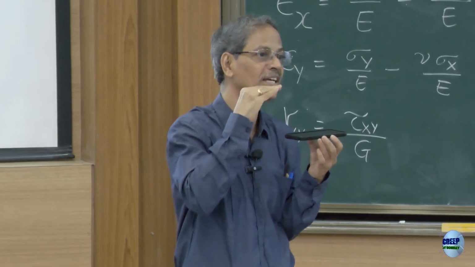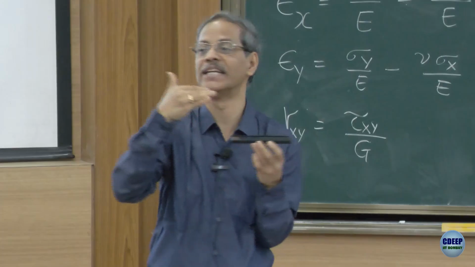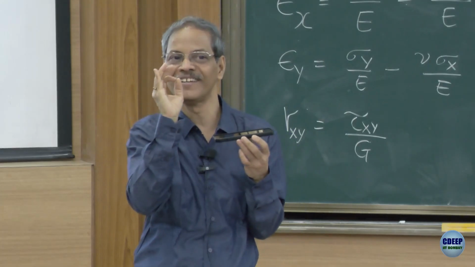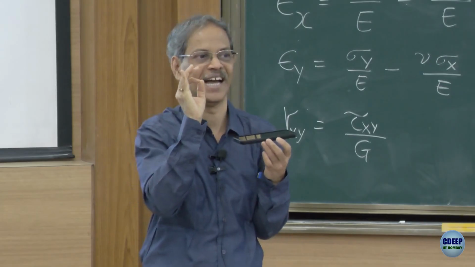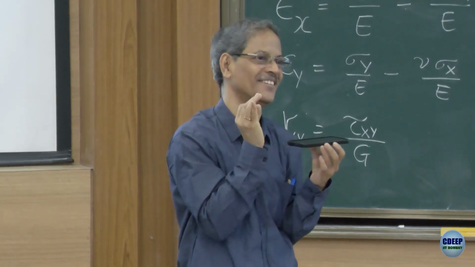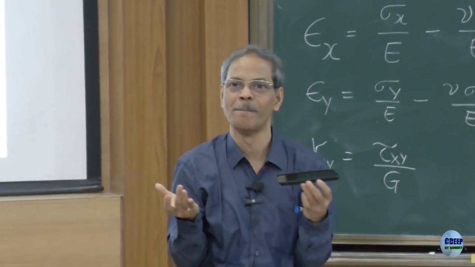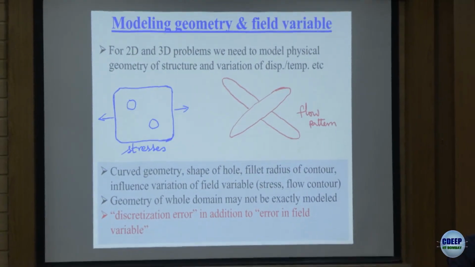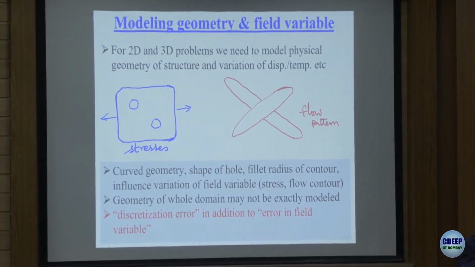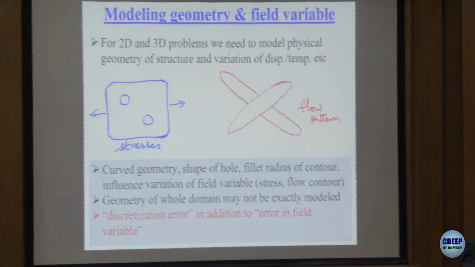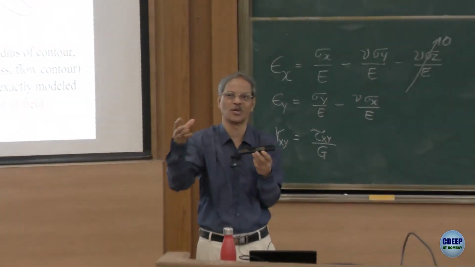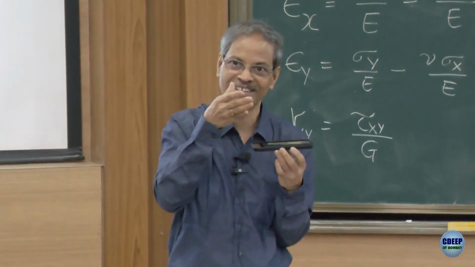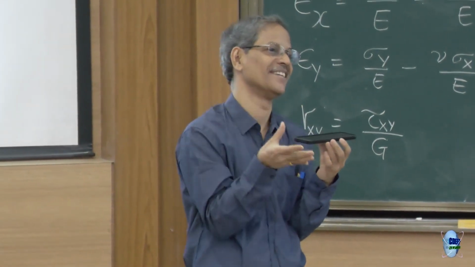So when I am modeling an object in 2D or 3D, I should model the geometry as accurately as possible, because the geometry would determine the solution. The fluid flow, the turbulence, the vortices that would come or not come, all this will depend upon how the geometry is.